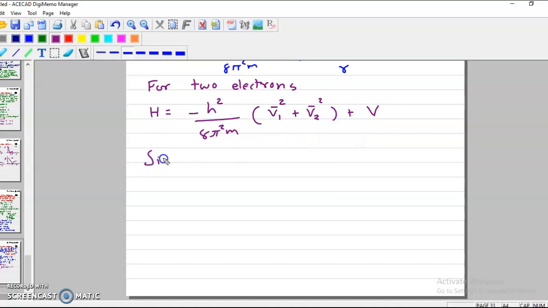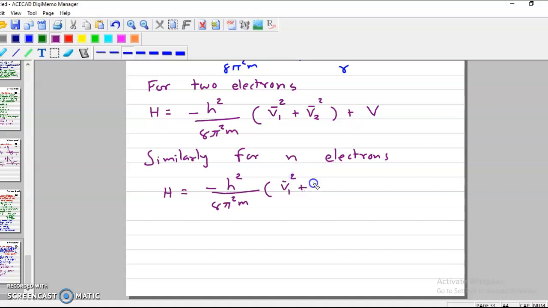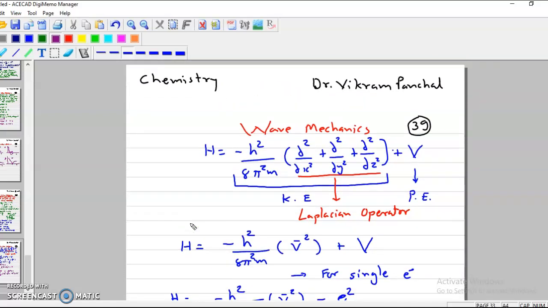Okay, similarly for n electrons we can use H is equal to minus h square upon 8 pi square m Laplacian operator del1 square plus del2 square plus dot dot dot plus deln square plus potential energy V. Okay, so this is a general formula for all more than one electron system.